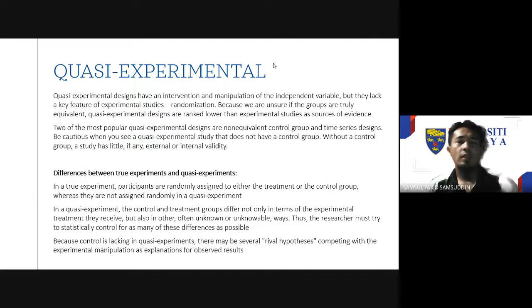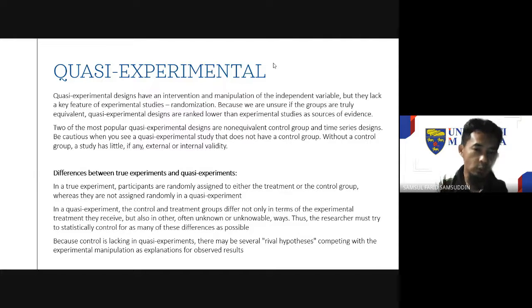So you want to know whether there are differences between before they apply this module and after they have this module. So similar group of people, but in quasi they tend to be different groups of different respondents, or maybe a similar group but a different module applied. So these are differences between true experiment and quasi-experiment.